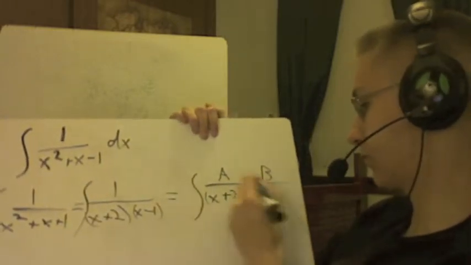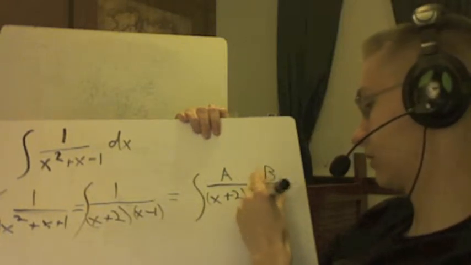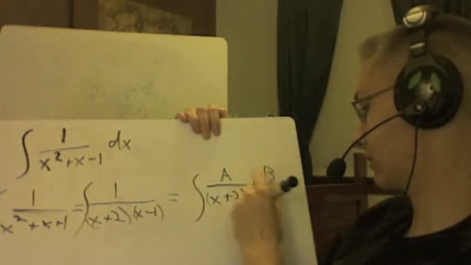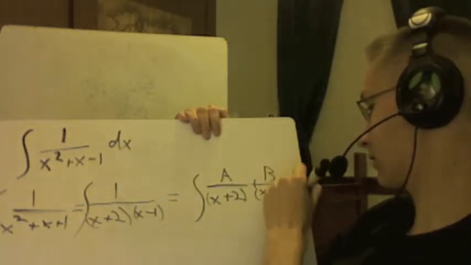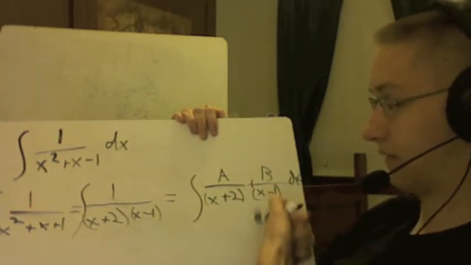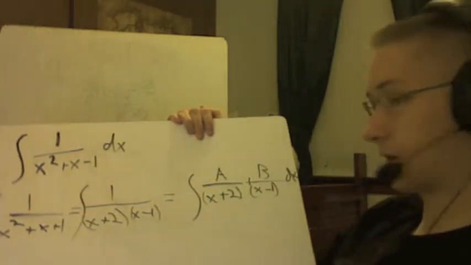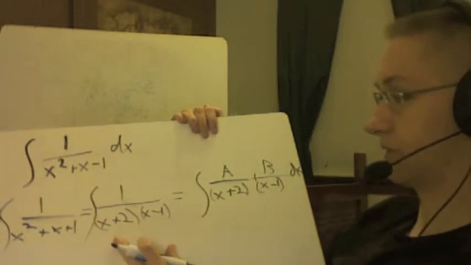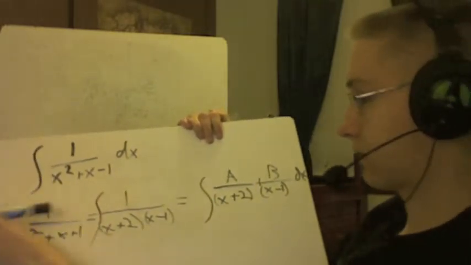So, two binomials, two unknowns, two fractions. And now we have this, and we have that it's equal to this.